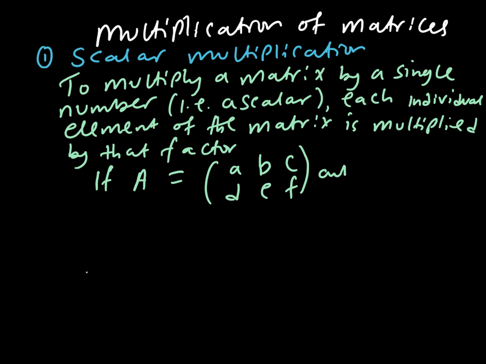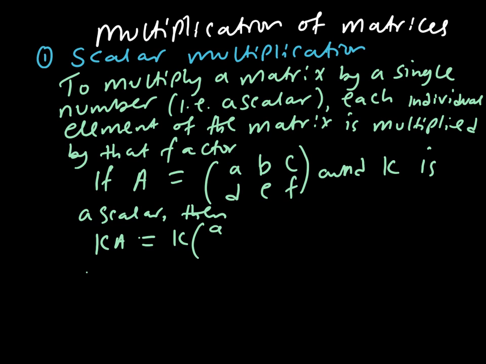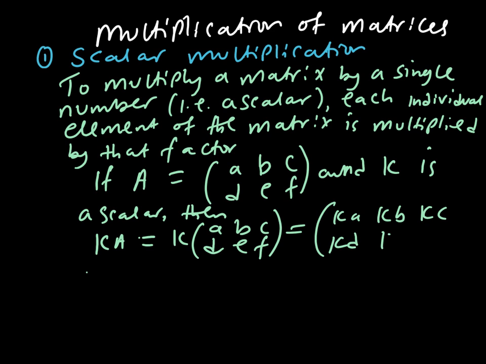And K is a scalar. Then K times A will be equal to K times the matrix A, B, C, D, E, F, and each of these elements will be multiplied by K. So we have KA, KB, KC, KD, KE, and then KF.